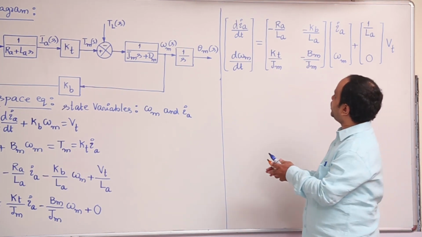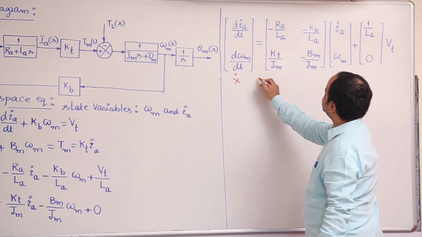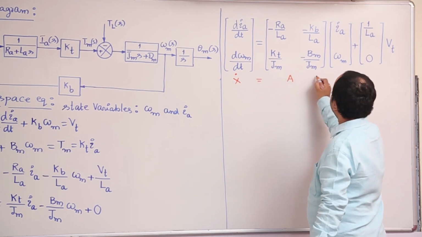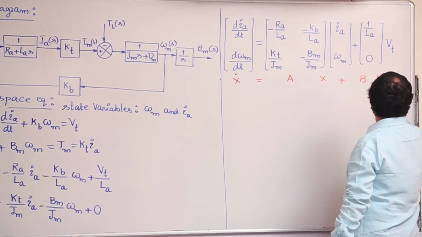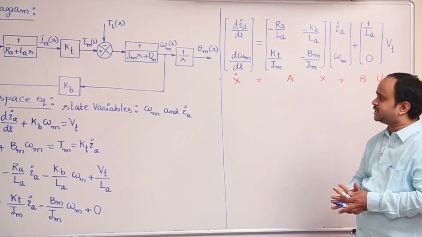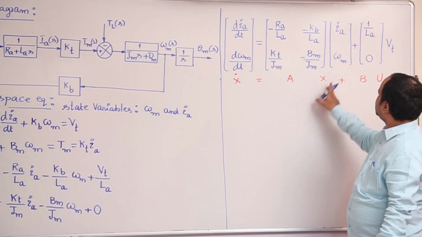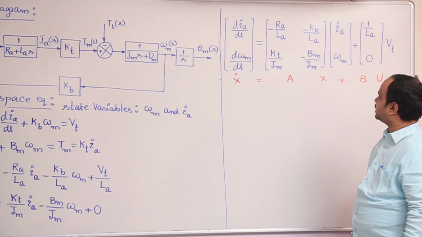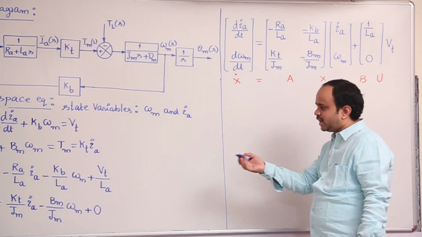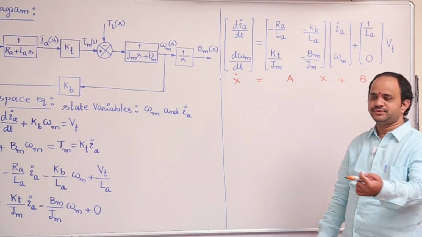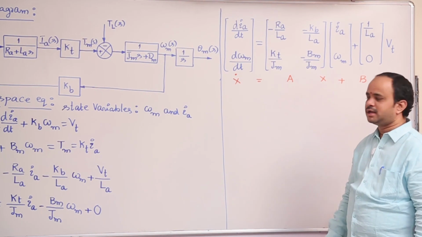So this equation you can visualize as x dot is equal to Ax plus Bu form. The state variables are armature current and speed in radian per second. And one more thing, the output equation: you can take the output as speed. Basically, in the speed control objective, the speed variable can be taken as an output.